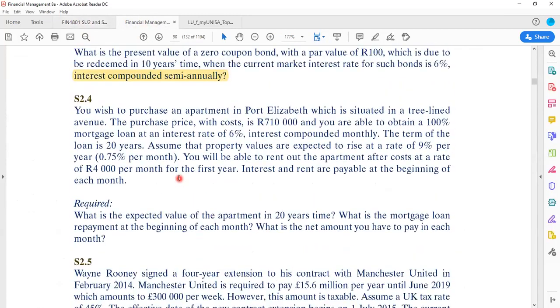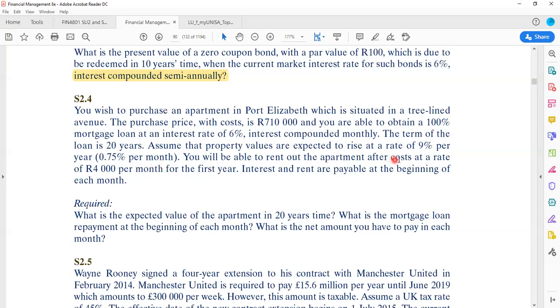Question 4, you wish to purchase an apartment in Port Elizabeth, which is situated in a tree-lined avenue. The purchase price costs 710,000, and you are able to obtain a 100% mortgage loan at an interest rate of 6% interest compounded monthly. The term of the loan is 20 years. Assume that property values are expected to rise at a rate of 9% per year, which is 0.75% per month.